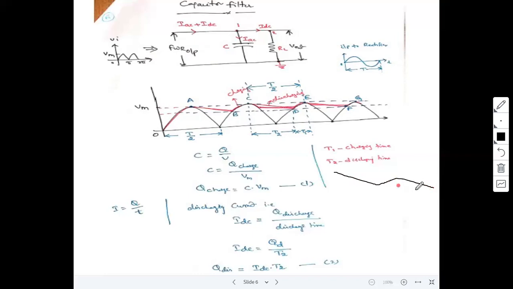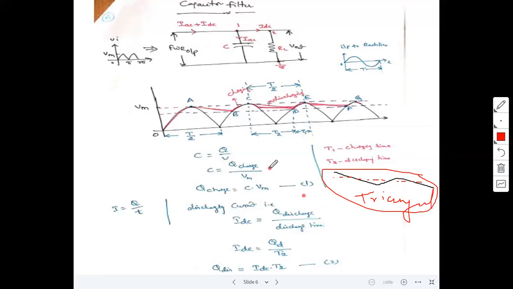Now observe the shape of the signal here: this type of signal is a triangular waveform. Remember this one. The filter output is a triangular waveform.